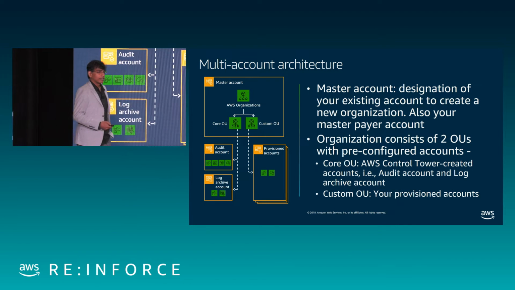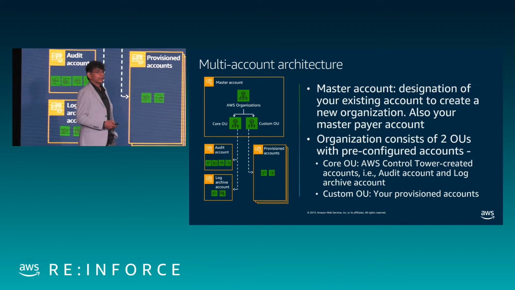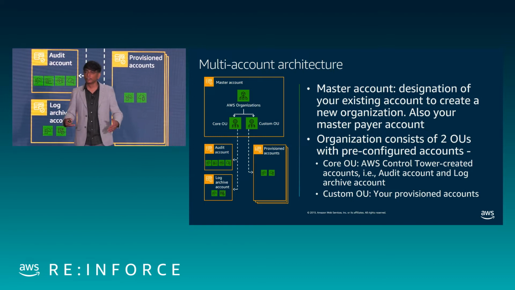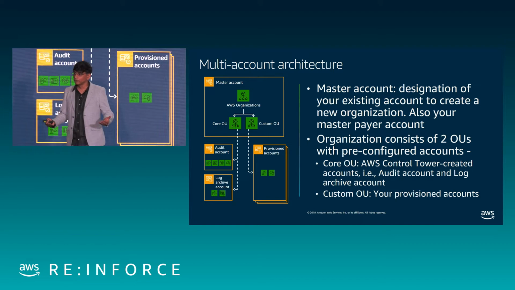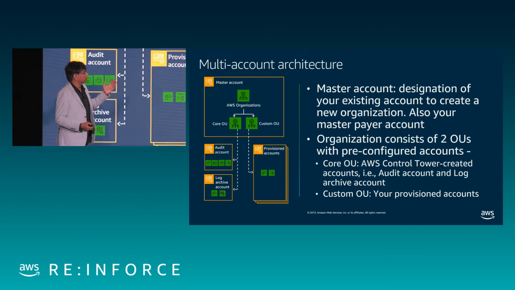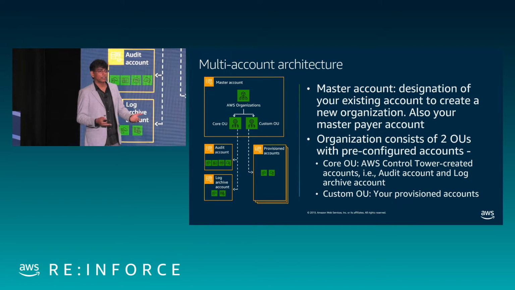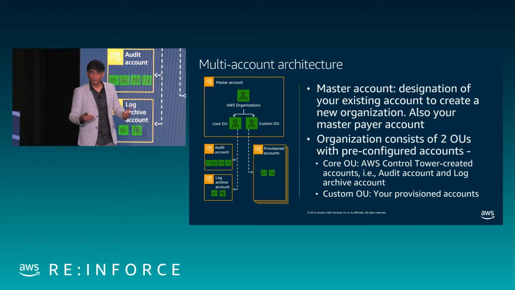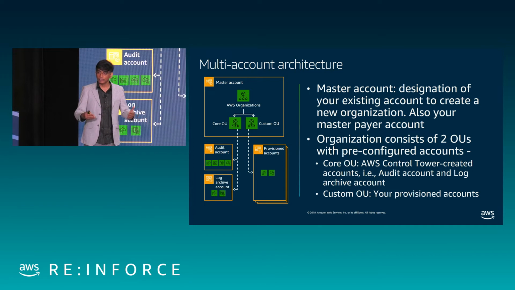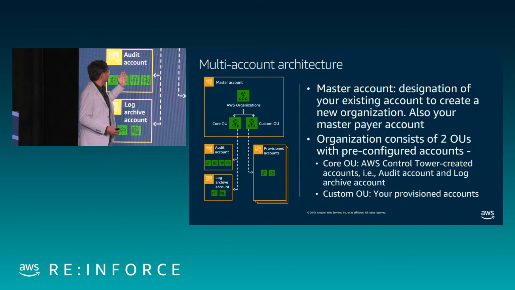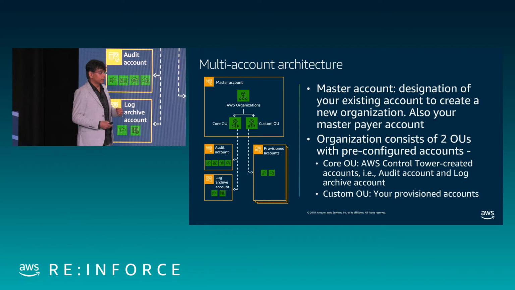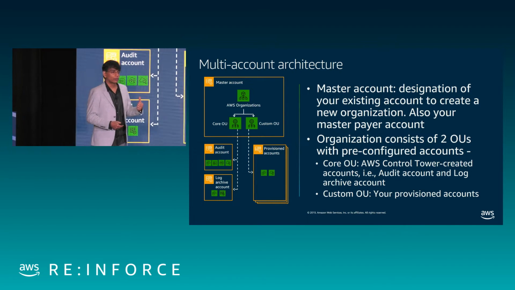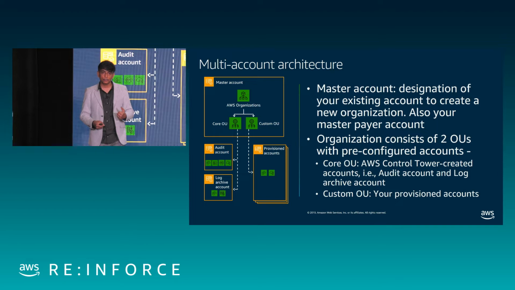So what is the multi-account architecture that we configure out of the box? I mentioned AWS Organizations is provisioned for you, and we take your existing account that you sign into Control Tower, and that becomes a master account, which then creates an organization for you. And out of the box, we create two organizational units, one what we call a core organizational unit.